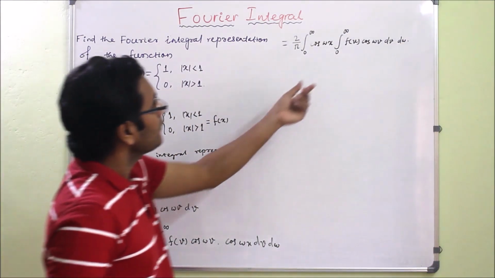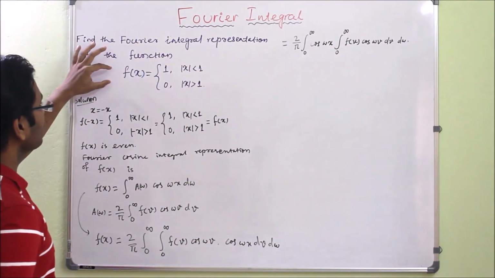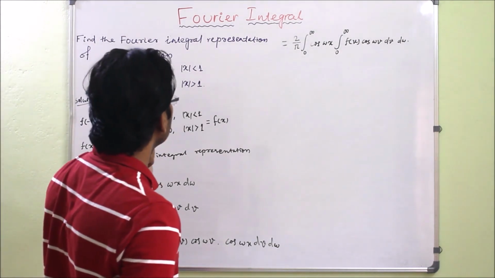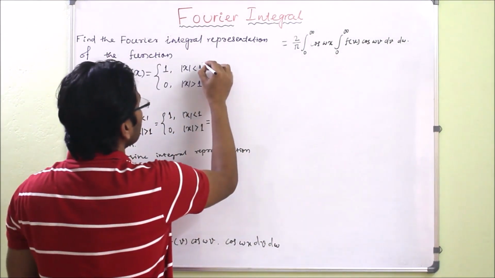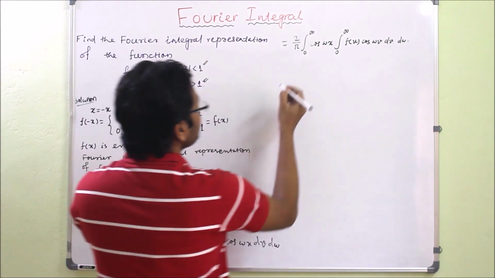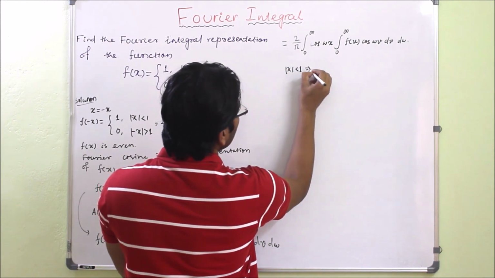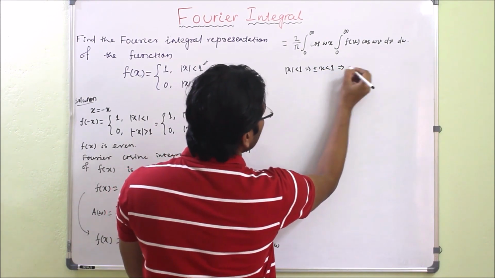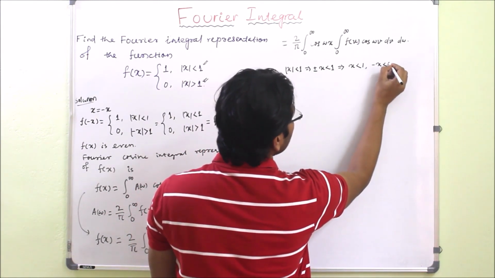Next, we have to replace the function value using the problem's function. The function is given: f of x is 1 when mod x is less than 1, and 0 when mod x is greater than 1. These two expressions are important. Mod x less than 1 means we can write plus or minus x less than 1, that is x less than 1, and the other expression is minus x less than 1.